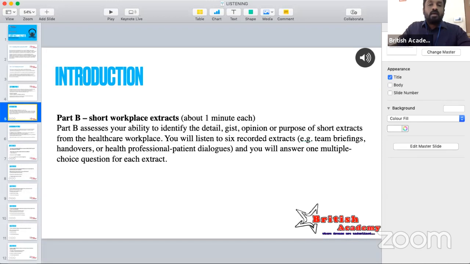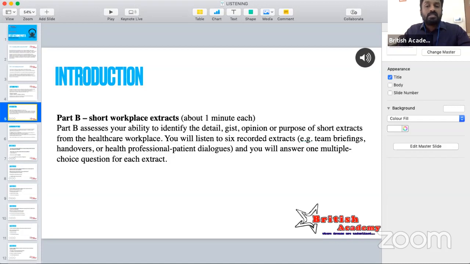Okay, next one, the introduction. What you would get in listening part B is short workplace extracts of about 1 minute each. This part B assesses your ability to identify the detail, gist, opinion or purpose of short extracts from the healthcare workplace.